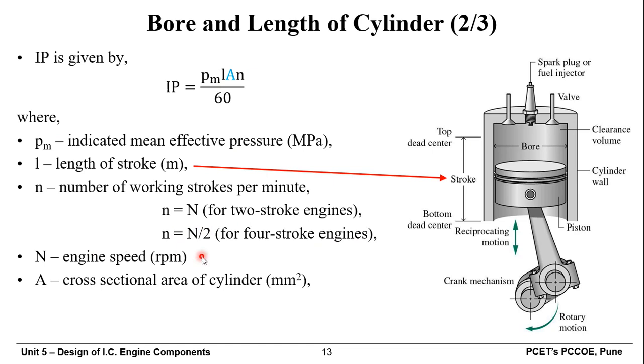So if you know the speed of the engine, you can calculate the number of working strokes per minute. So if all values are known to you, you can easily calculate the cross-sectional area.